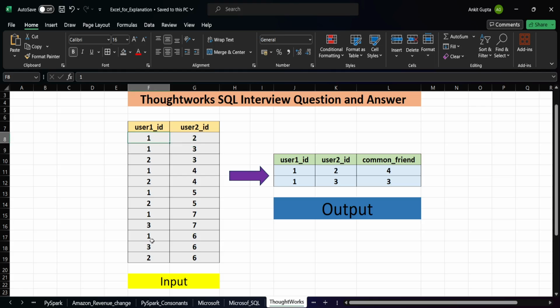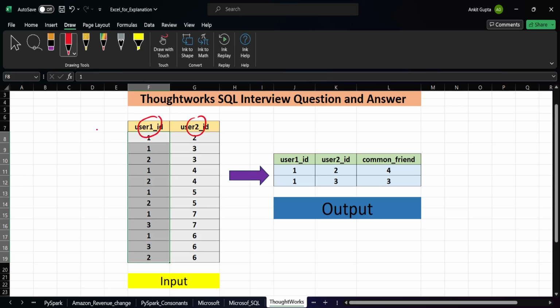The criteria here is that user 1 will always be less than user 2. You can see all the values in the user 1 column are less than the user 2 column. This is the criteria to have a friendship.